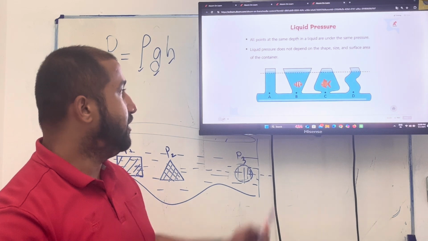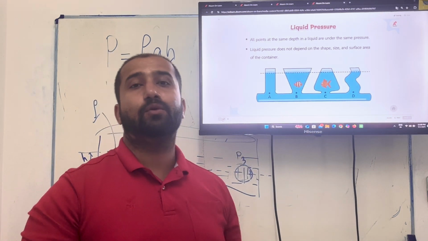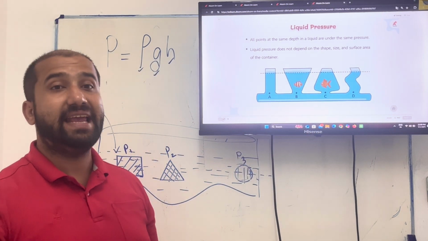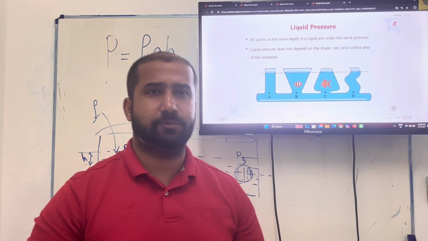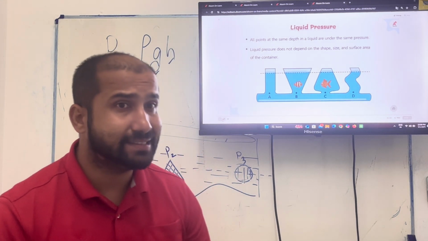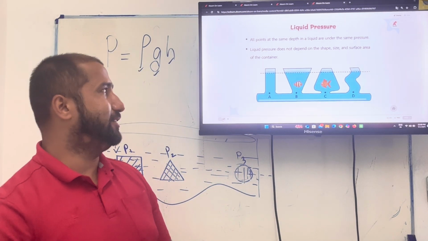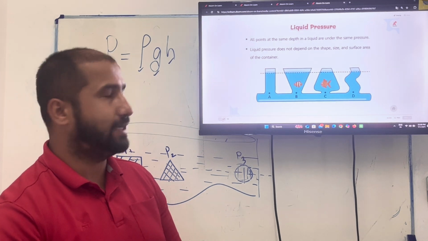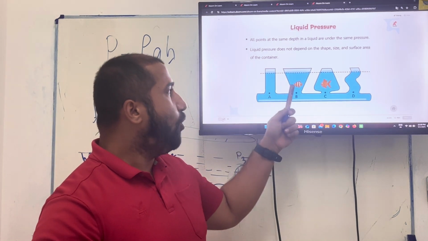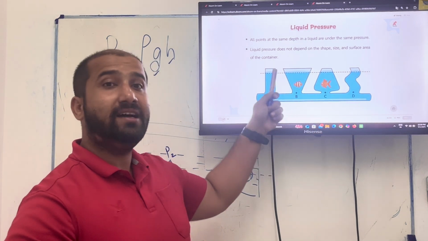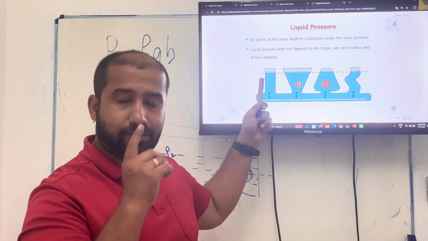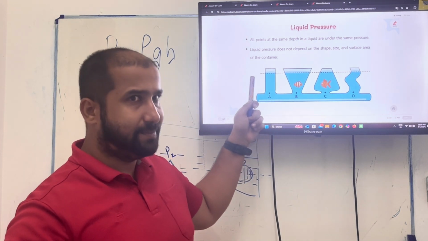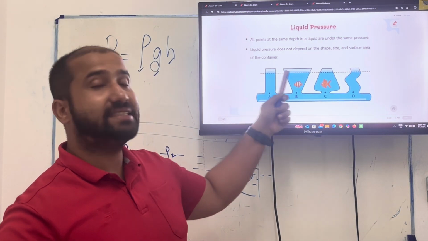Correct. Very good. Both B and C will experience the same amount of liquid pressure. Can you tell me why? Very good. Yes, correct. Both objects are at the same height, the same depth, and they have the same liquid.